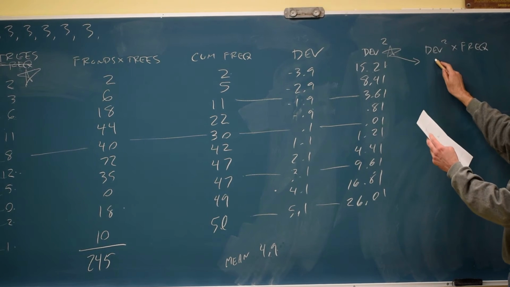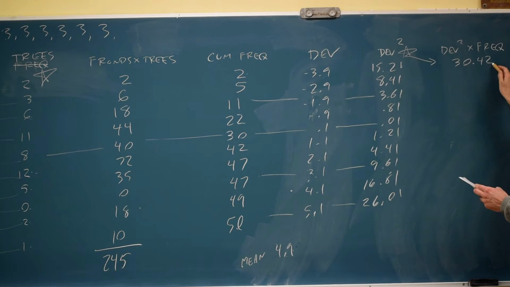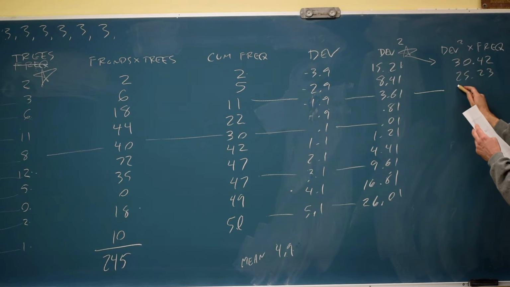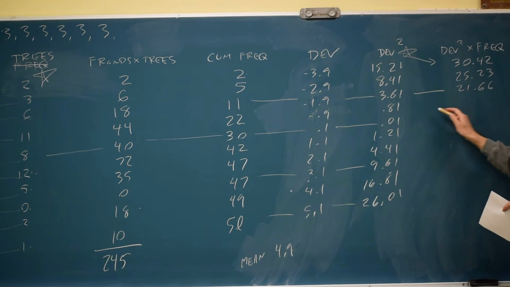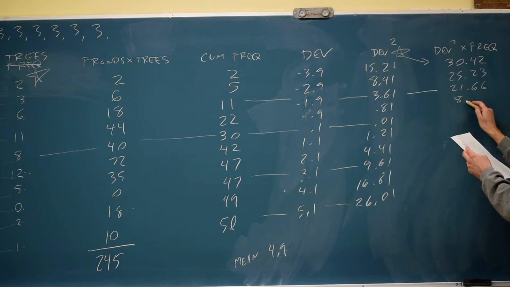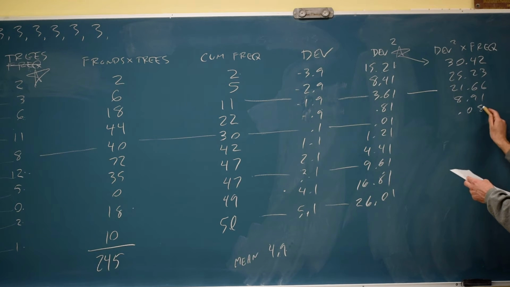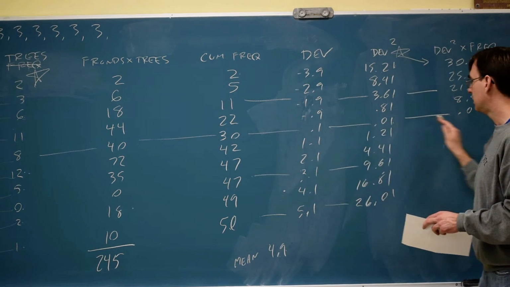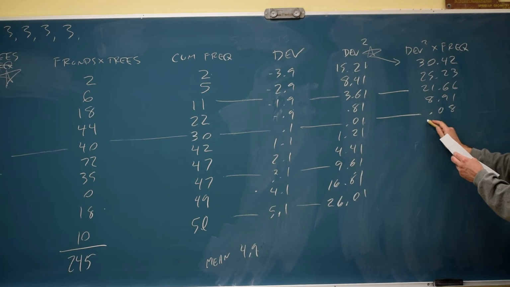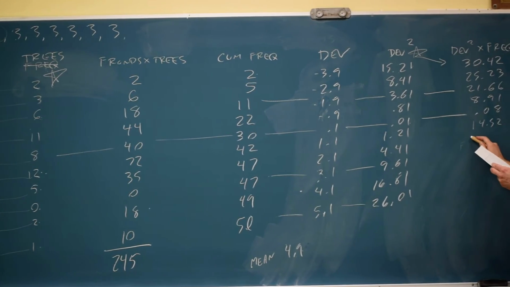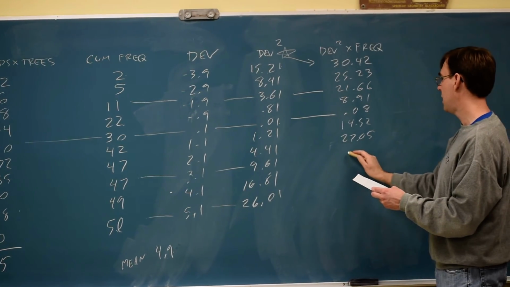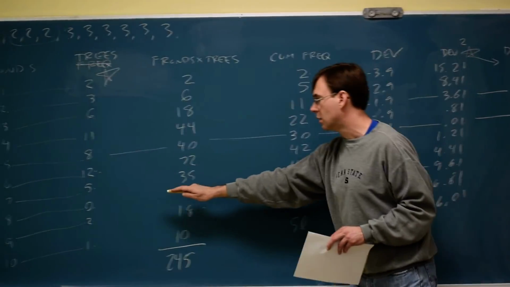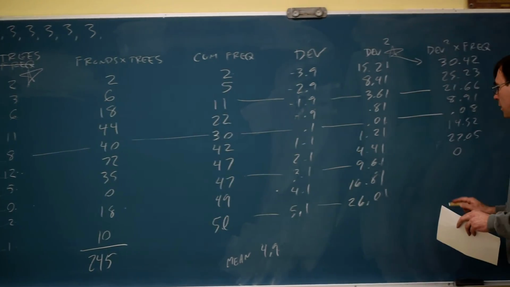So what I'm showing here on my paper is a 30.42, 25.23, 21.66, 8.01 times the 8, that's what we're doing here, 14.52, 22.05, our good friend the 0, because anything times our 0 is going to work out real well.